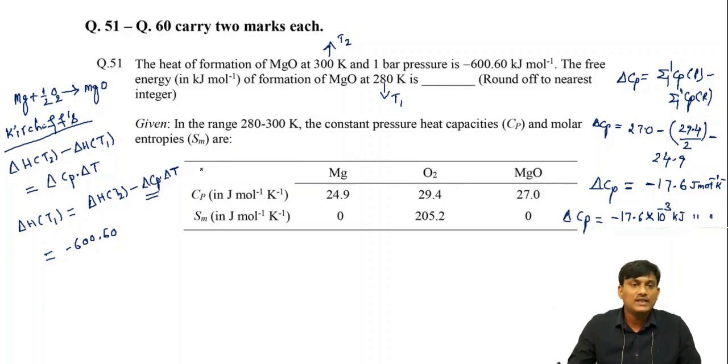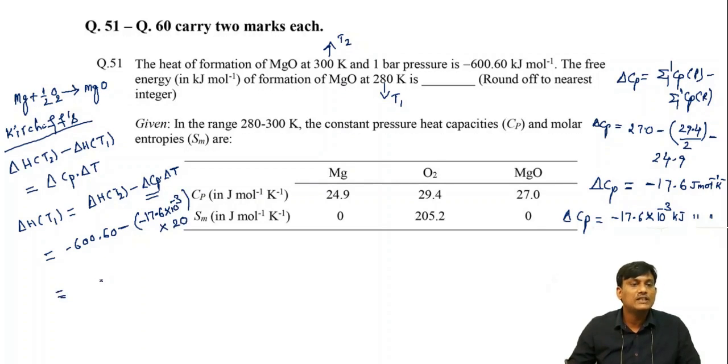And what is delta T? Delta T is the difference between 300 Kelvin and 280 Kelvin. It will be obviously 20 Kelvin. So you will get minus 600.60 minus delta Cp value, minus of 17.6 into 10 to the power of minus 3, into, you have to multiply with 20.